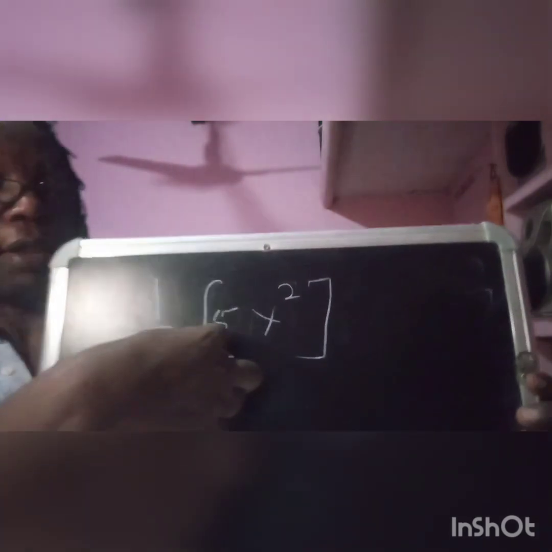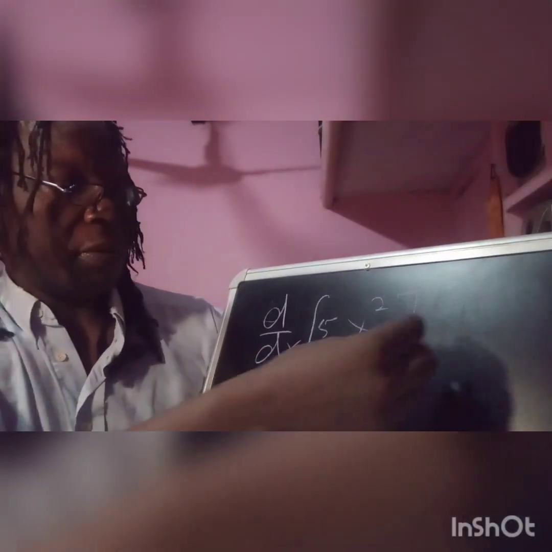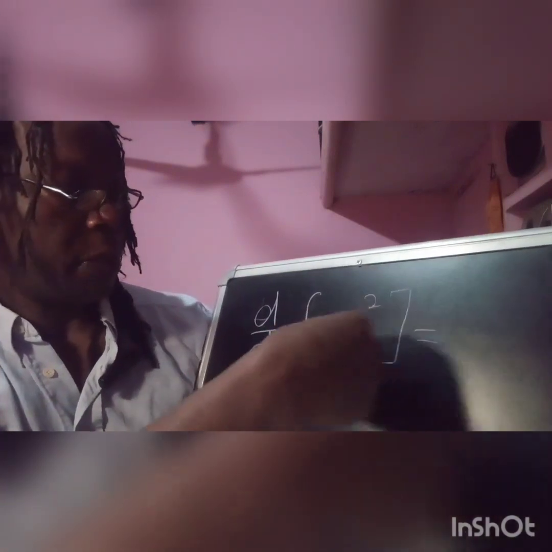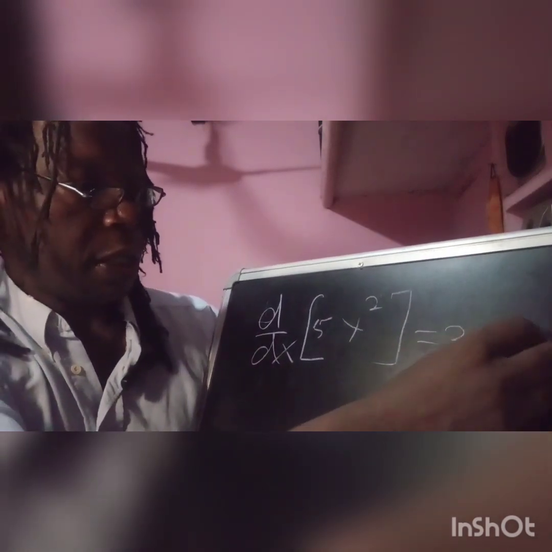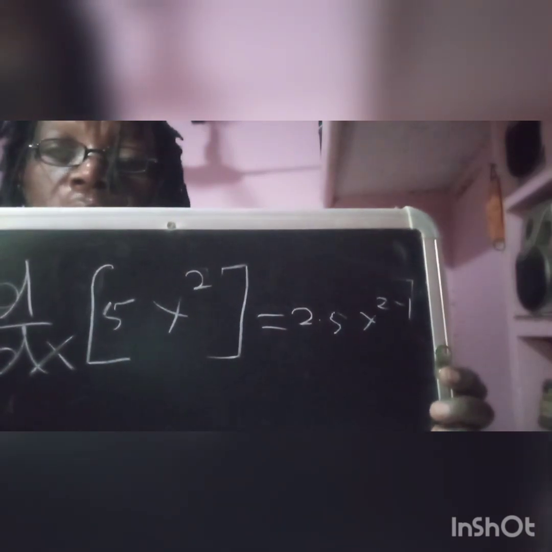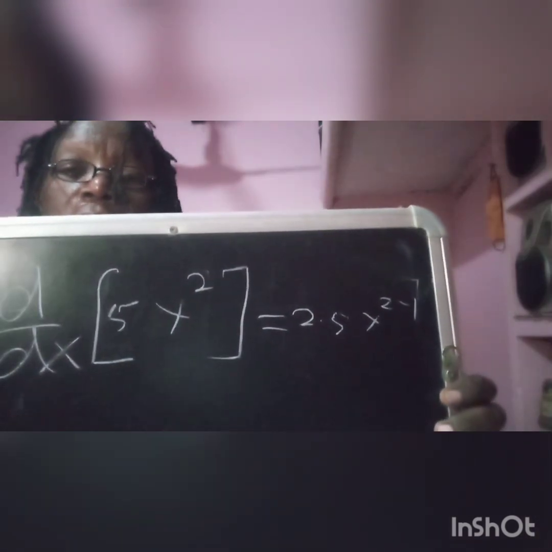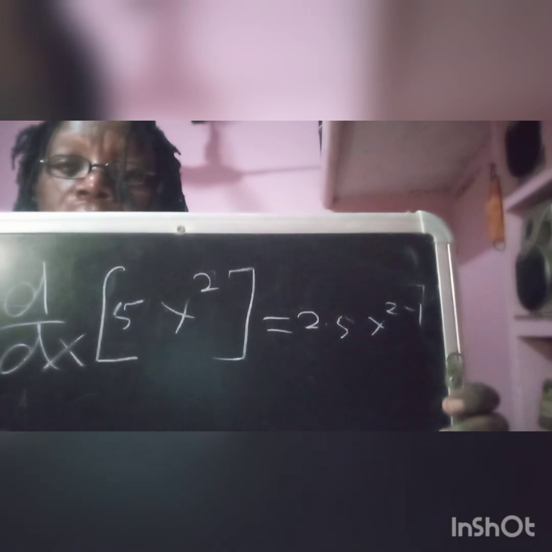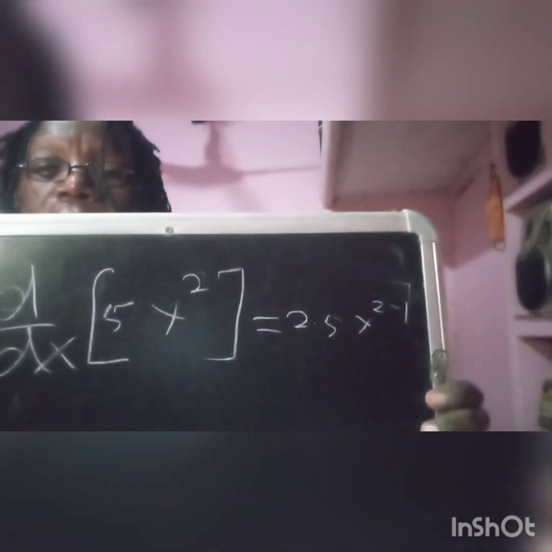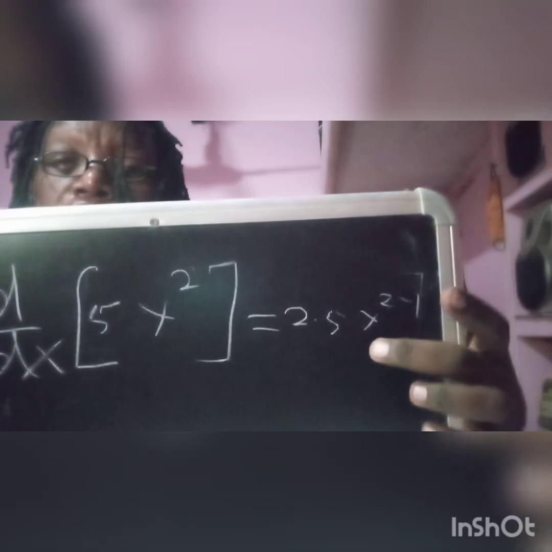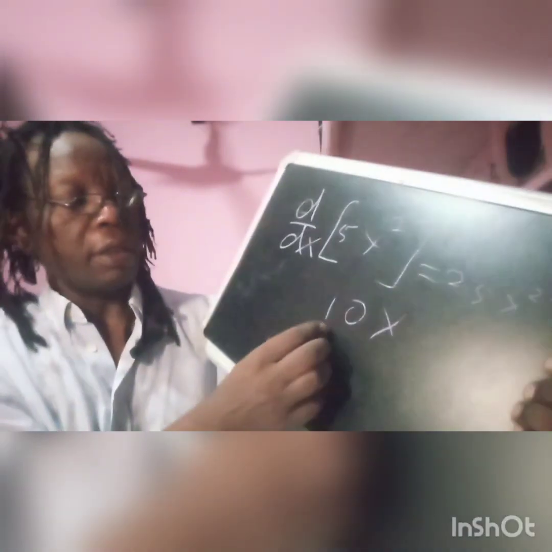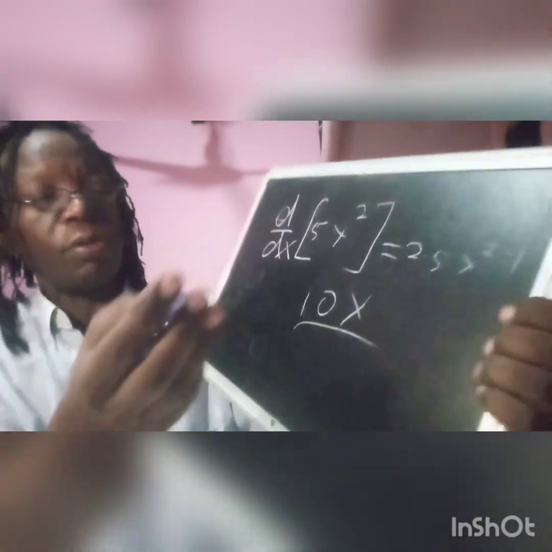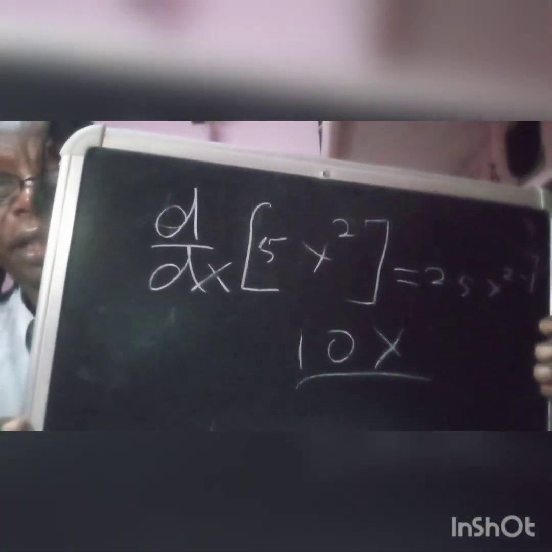So the derivative will be 2 times 5, and then x to the power 2 minus 1, according to the power rule. 2 minus 1 is 1, and x to the power 1 is x. 5 multiplied by 2 is 10. So it will be 10x.